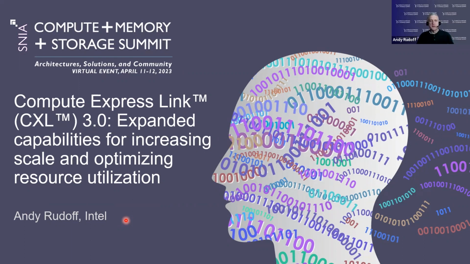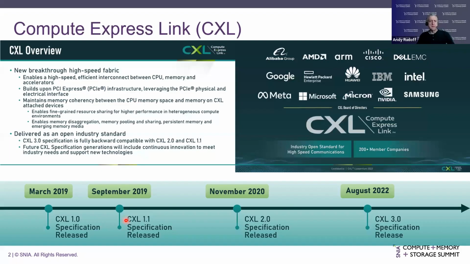So just to make sure that everybody starts on the same page, this may be old news for everybody watching. CXL obviously is a high-speed fabric and interconnect between CPU, memory, and accelerators. It builds on PCIe and builds on that infrastructure.